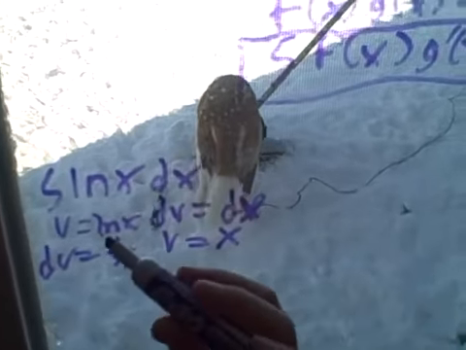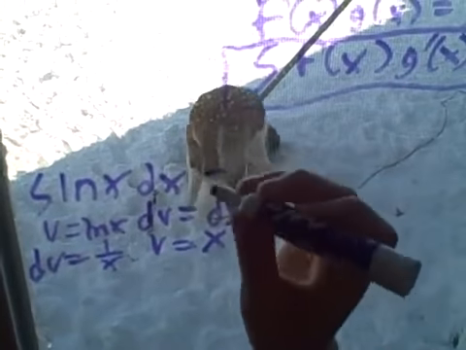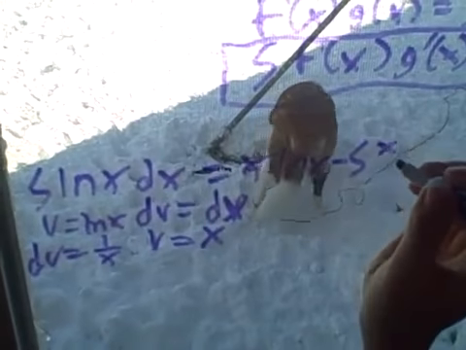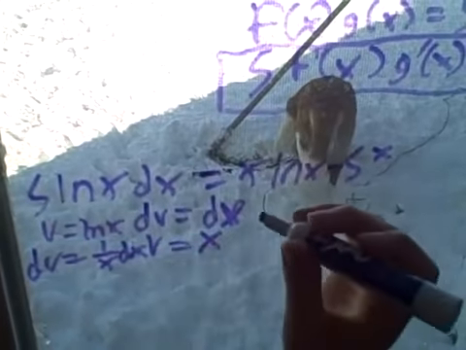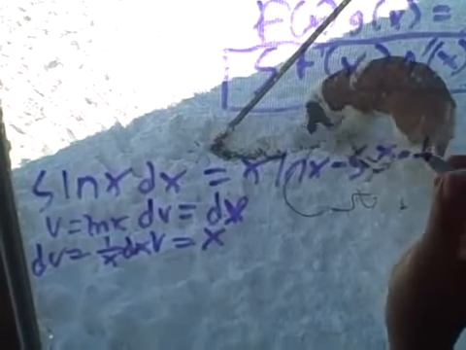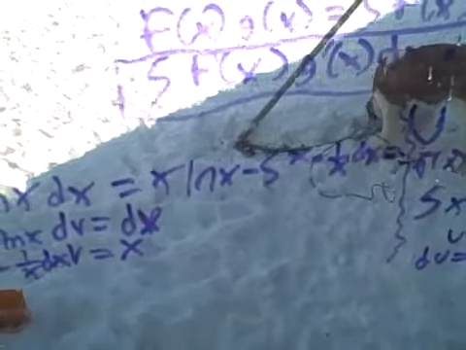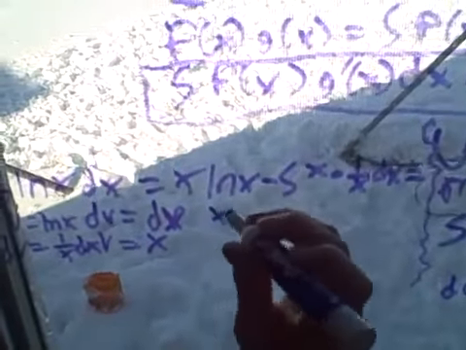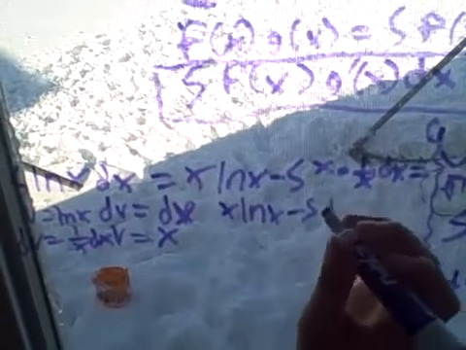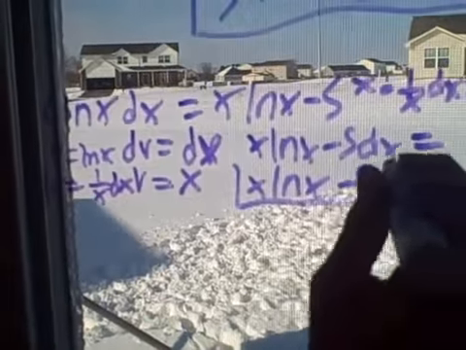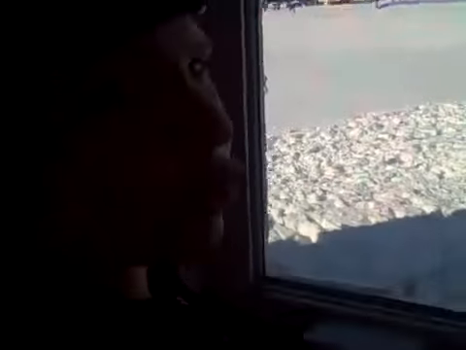So now I have uv, x natural logarithm of x minus integral x times 1 over x dx. This equals x natural logarithm of x minus integral of dx. Integral of dx, as you should know, is x. This equals x natural logarithm of x minus x plus c. That's how you would do something like that.